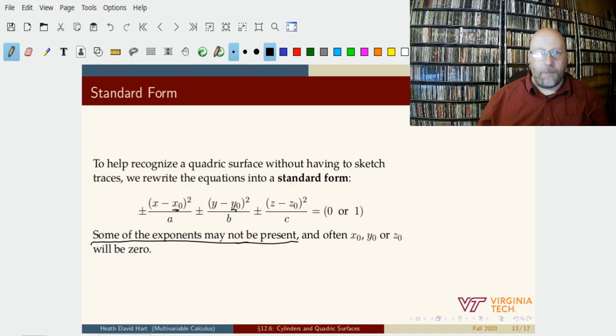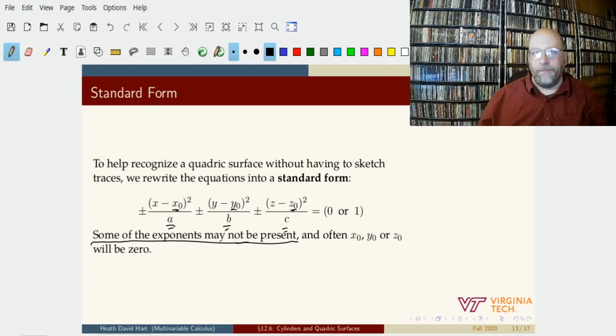These terms may be 0. When we complete the square, we may get a 0 there. That's okay. And then the constant term will either be present or 0. Now, if it's anything other than 1, like if it's a 7, we can make it into 1 just by dividing both sides by 7, and that's going to put some things in the denominators over here.